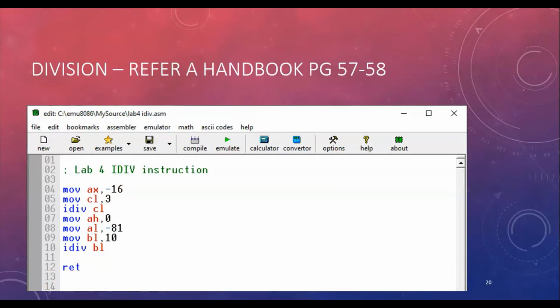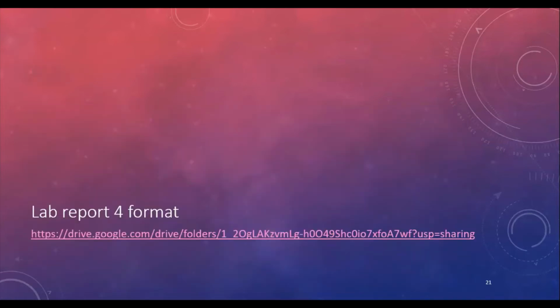As usual, you have to predict the output, and then you can check with the simulator. For procedure 1, I will show you how to do it, and the rest you have to do by yourself. You can get the lab report format with this given link.